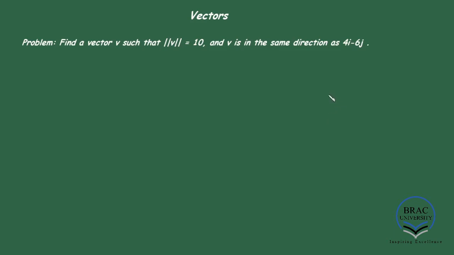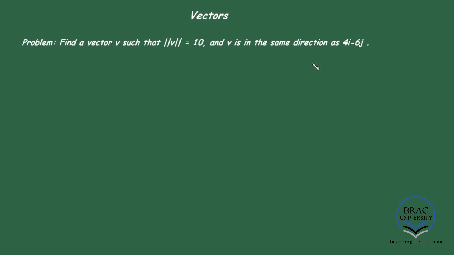We can find it by calculating its unit vector. Because a unit vector has length 1, we can think of the unit vector as providing the direction of that vector. So first things first, we need to calculate the unit vector of this vector 4i minus 6j.